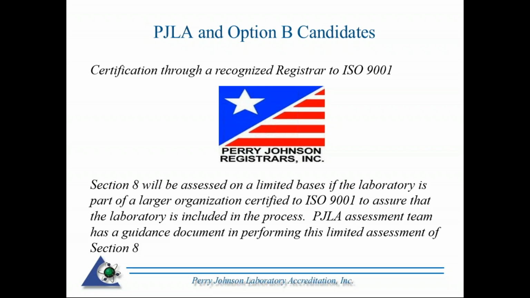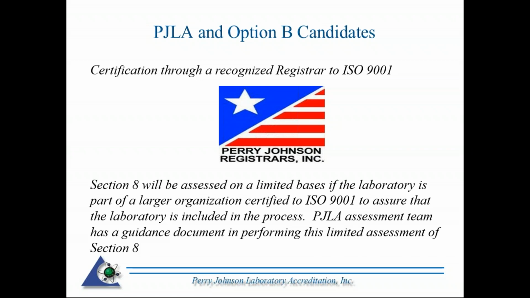If you are a standalone testing or calibration lab, that's all you do. You're not part of an organization that's performing other activities such as manufacturing. In that case, it would be specific that the 9001 certification would cover laboratory activities, if that's the only activity that the organization is performing.